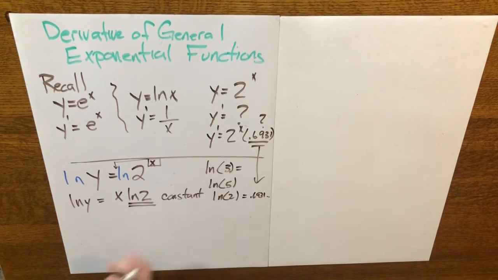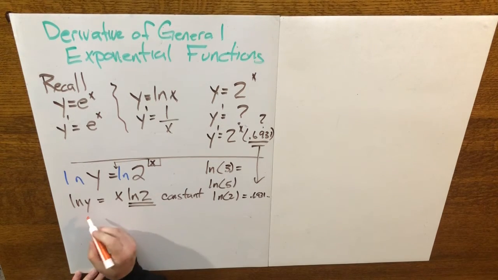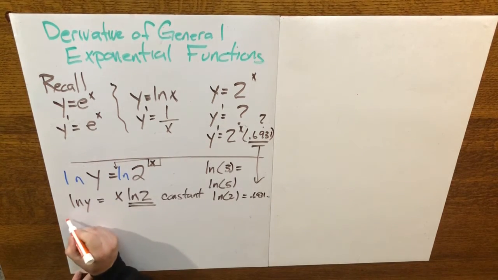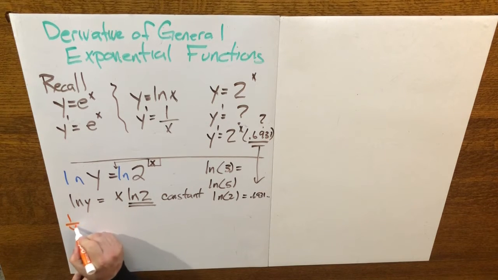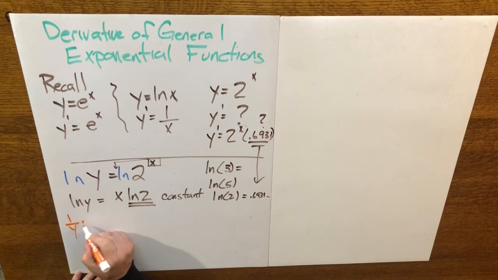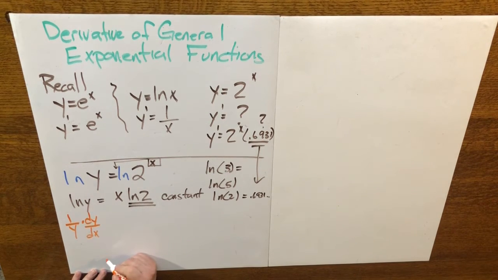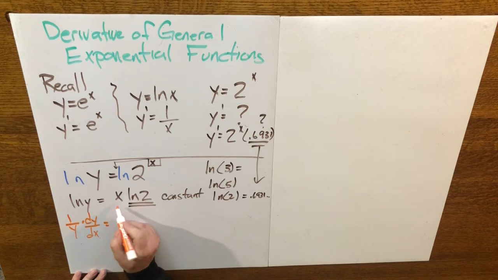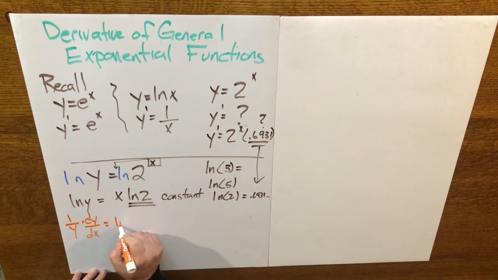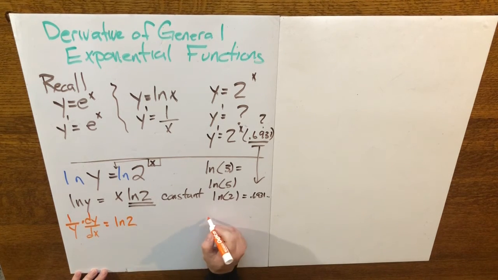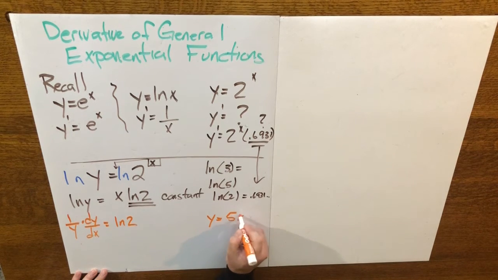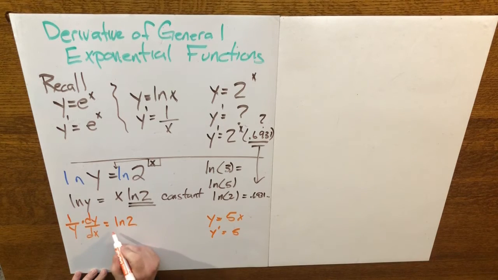Let's take the derivative of this one now. The derivative of ln y, according to this, would be 1 over y times the derivative of the argument, and the derivative of y with respect to x is dy over dx. The derivative of x times a constant is just a constant. Much the same way the derivative of y equals 5x, x times a constant, y prime would just be 5. So we have just a constant on this side.